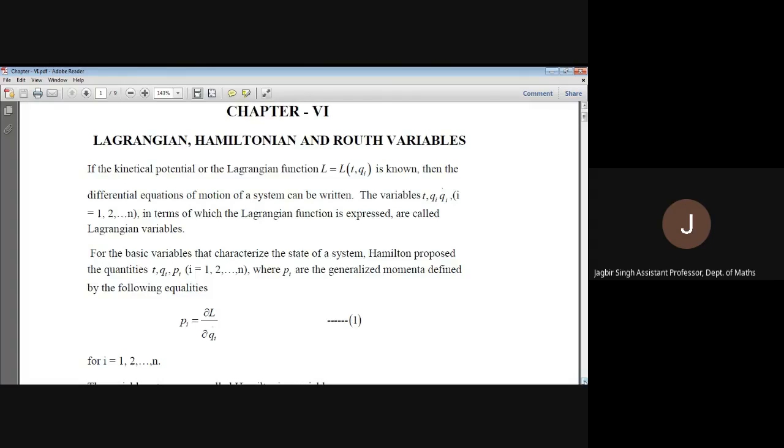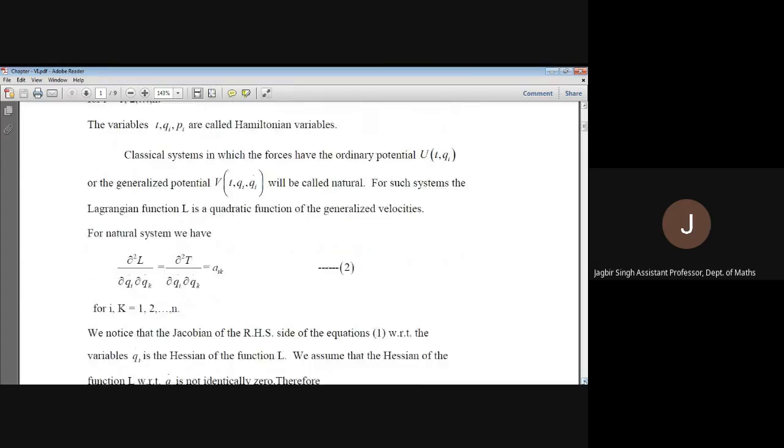Jacobian is nothing but the partial derivative of those functions with respect to the corresponding all possible components. Okay, that condition here also, because we are going to find out a relation between Pi's and Qi dots.